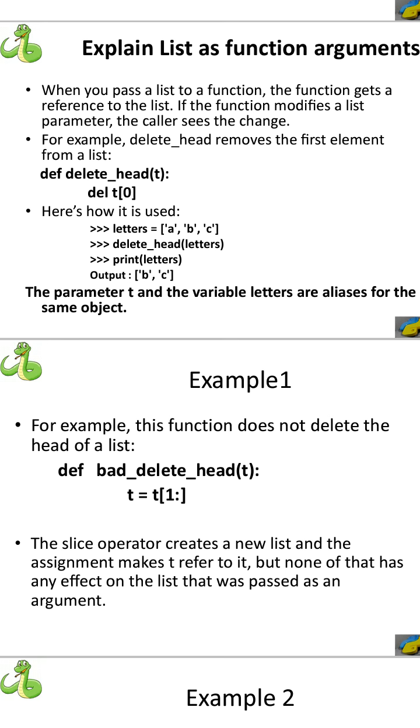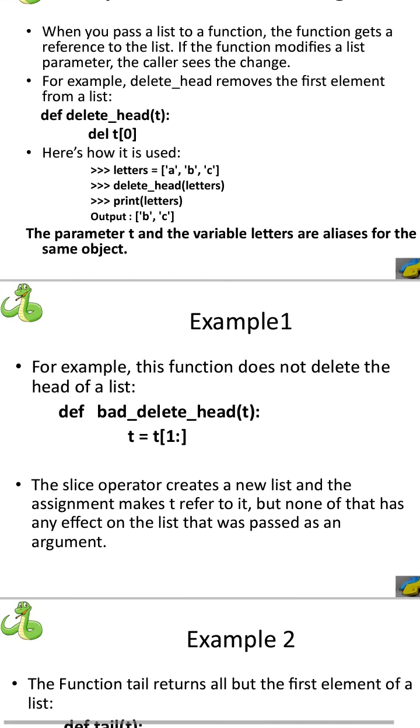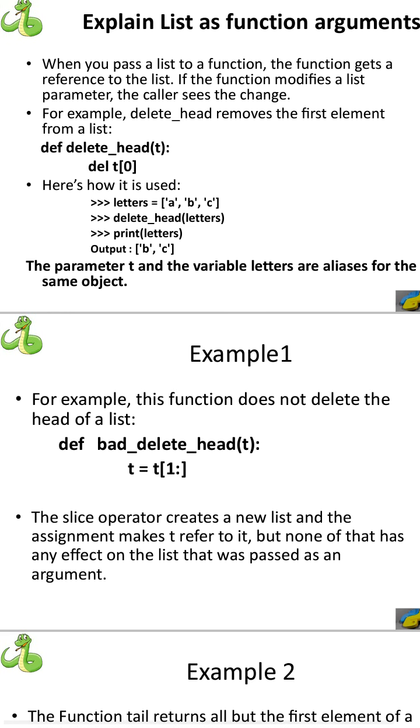For example, I define a user defined function delete head, which removes the first element from a list. If you observe, delete head takes a parameter t, and here t acts as a list variable. Using my delete function, I am deleting the first element of the list which is passed to the function as an argument.